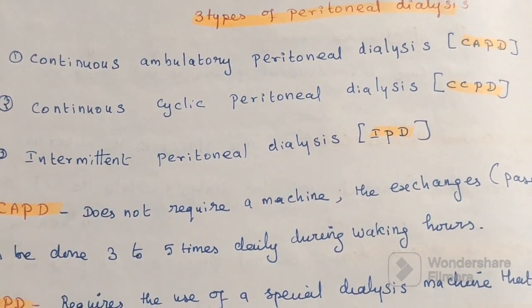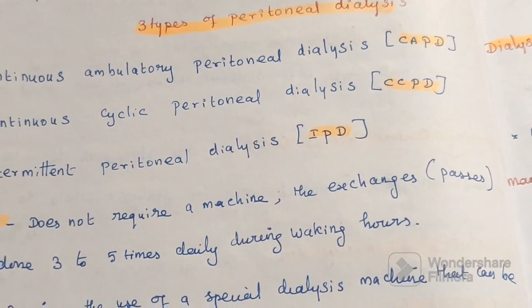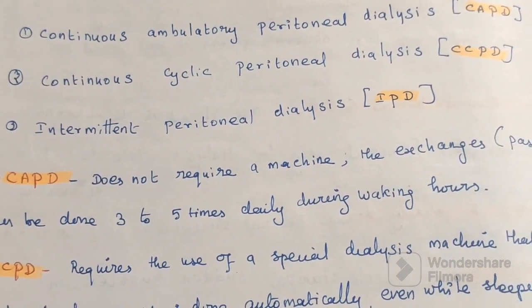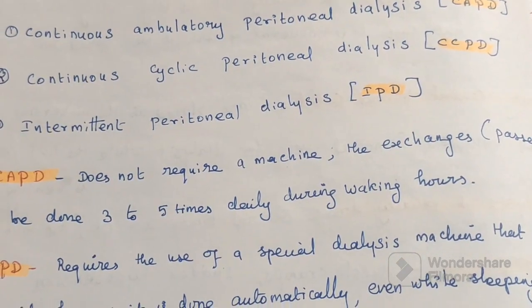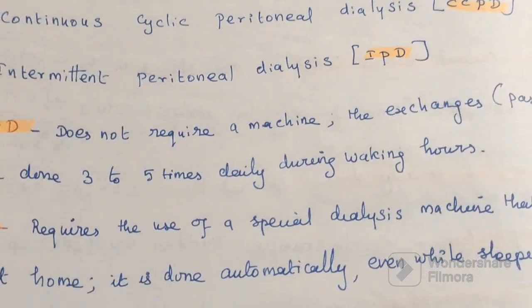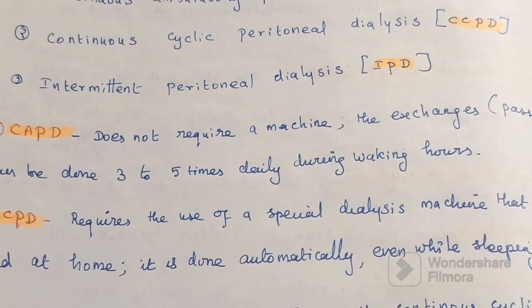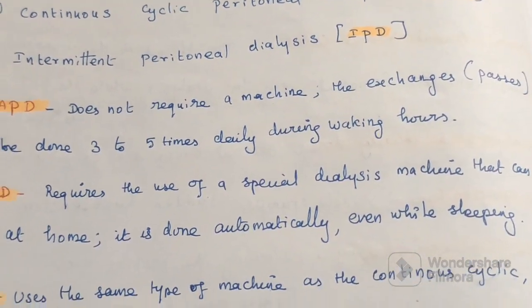It does not require any machines. The exchanges can be done 3 to 5 times daily during waking hours.